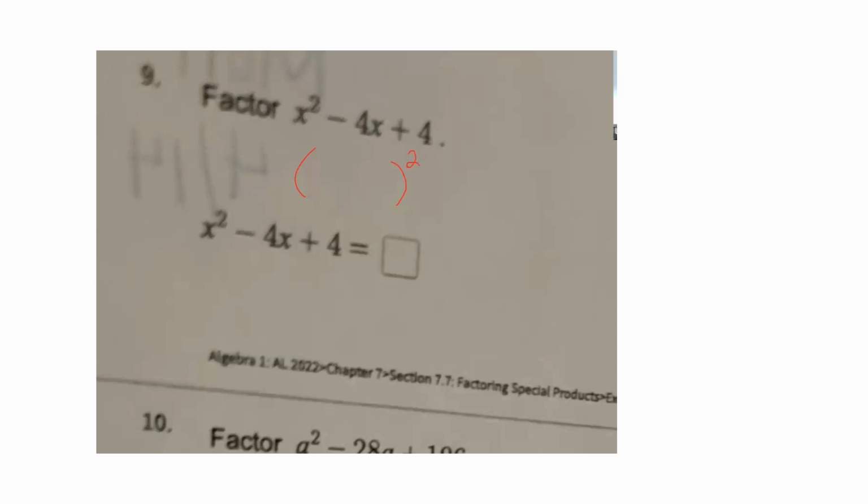Then I take this first term, x squared. The square root of x squared is x. Then I take that sign right there, put it in the middle, and then I take the square root of 4, which is 2, and put it right there. And then I know I'm right because 2 times 2 times x is 4x.